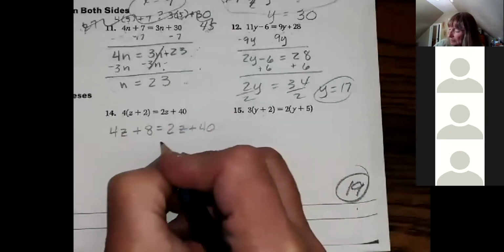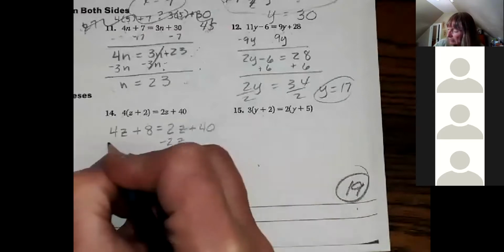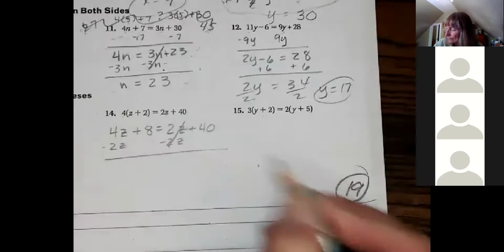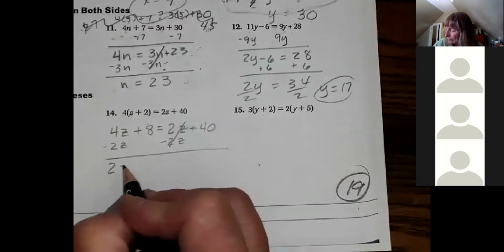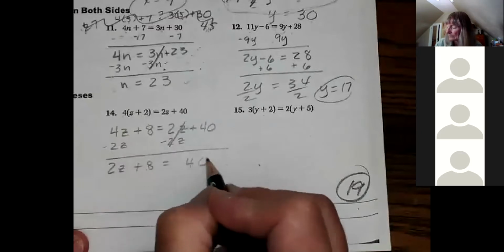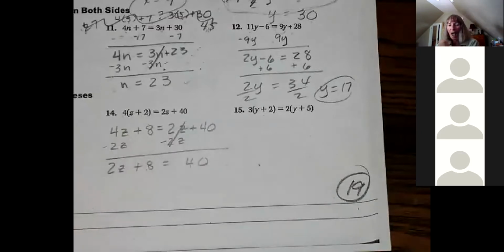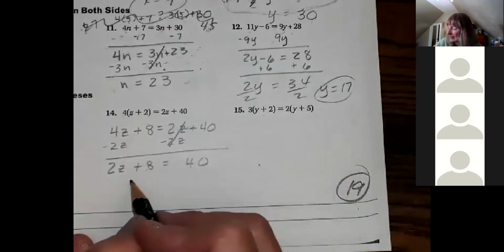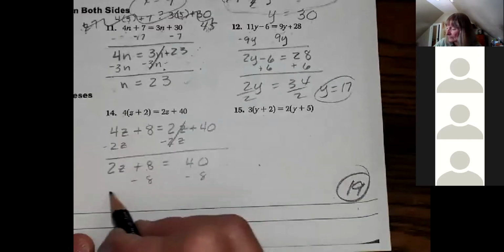I'm going to start by subtracting 2 z's. Oh, sorry. 20. Wait, no, maybe not. Hold on.